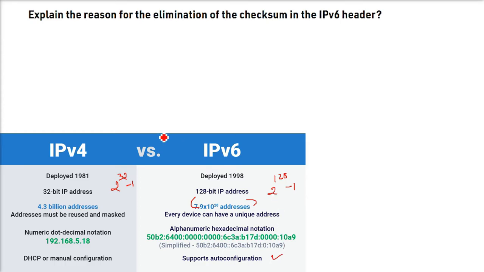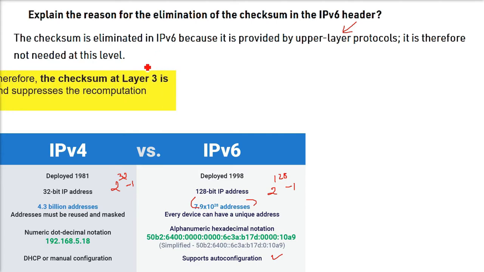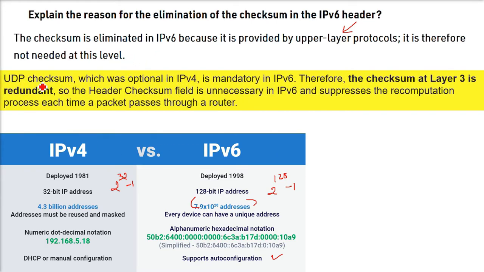Let's come back to our question. IPv4, IPv6: you know that TCP has to have checksum, UDP optional. So the checksum is eliminated in IPv6 because it is already provided by the upper layer protocols like TCP and UDP, the transport layer protocols. So the UDP checksum, which was optional in IPv4, is made mandatory in IPv6.